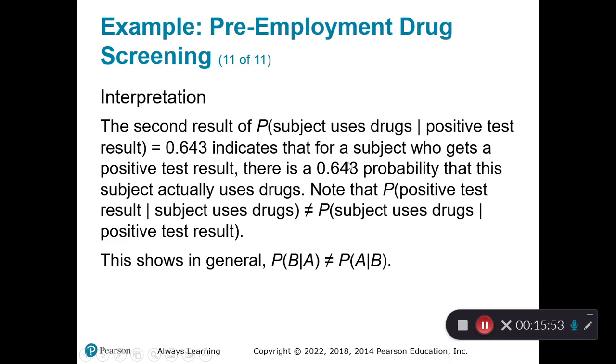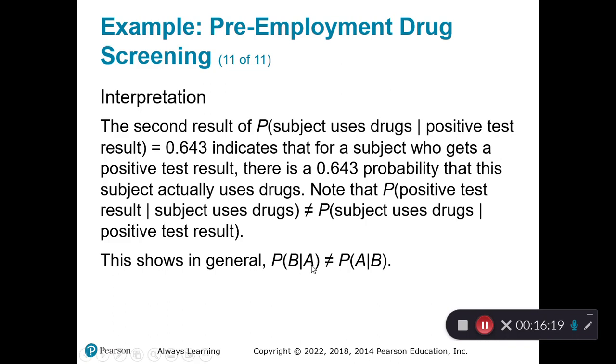It was exactly the same two events, but in reverse order. In general, the probability of B given A does not necessarily equal the probability of A given B. This is a clear example where 0.9 was the result for one, 0.643 for the other.